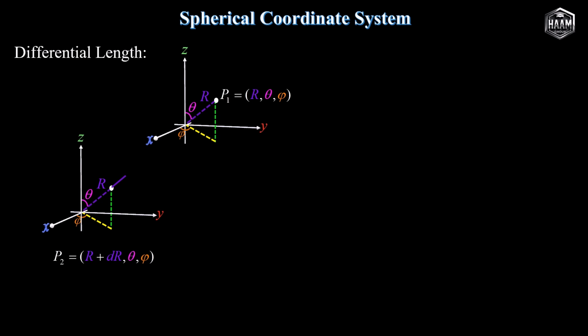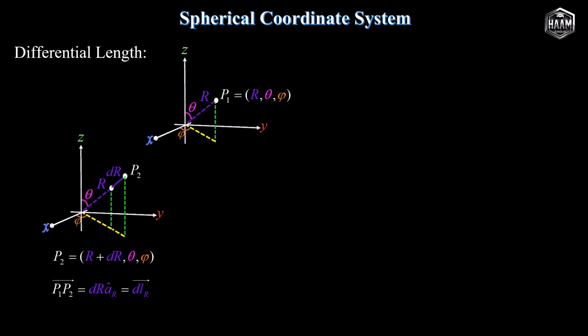The distance from P2 to P1 is simply d capital R. Therefore, dl sub capital R equals d capital R times a hat sub capital R.